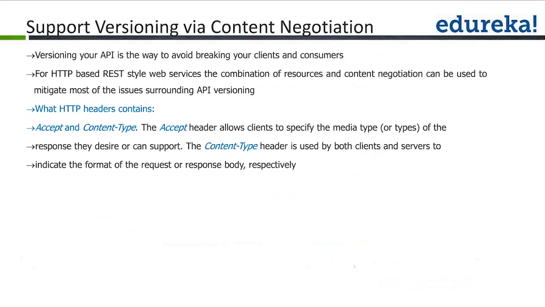The Accept header allows clients to specify the media type or types of the response they desire or can support. The Content-Type header is used by both clients and servers to indicate the format of the request or response body respectively. So let's take some examples.